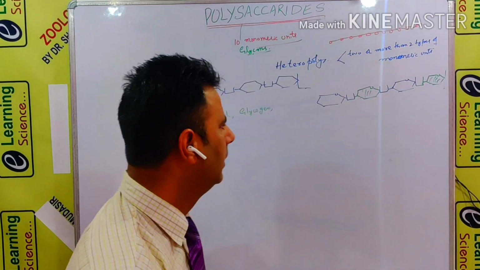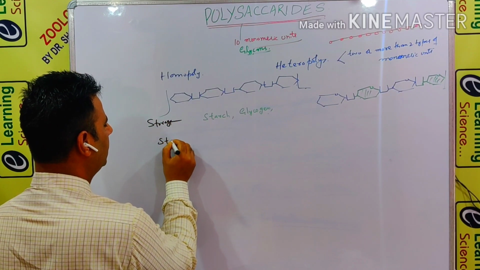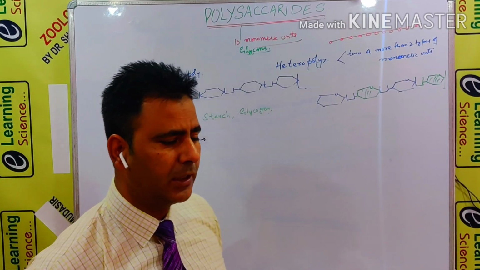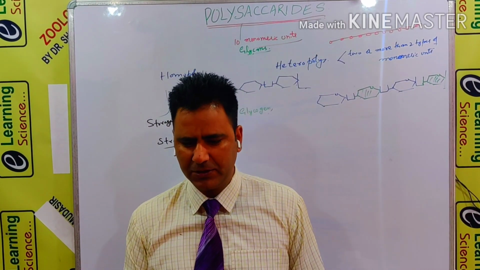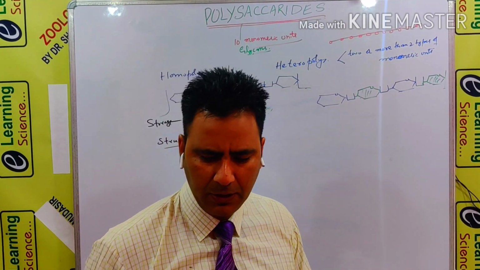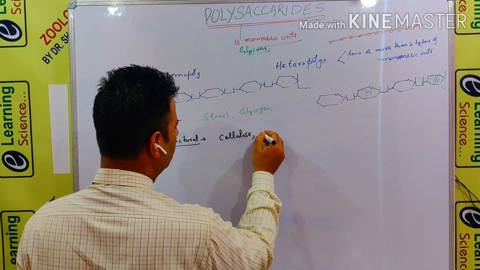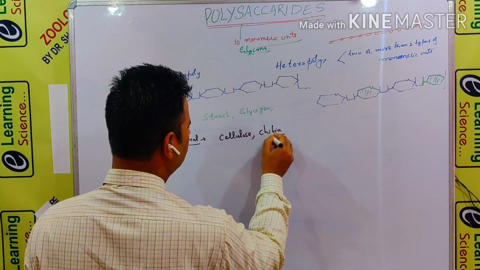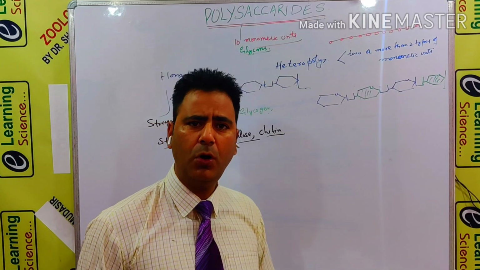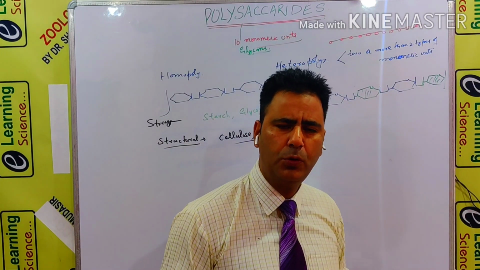Or we may have structural polysaccharides. These polysaccharides contribute towards the structure; they make the structure. The structural polysaccharides we have are cellulose and chitin. Cellulose makes the structure of the plant cell wall, and chitin makes the exoskeleton of arthropods.